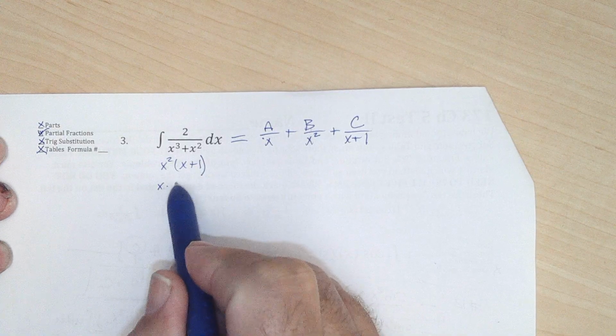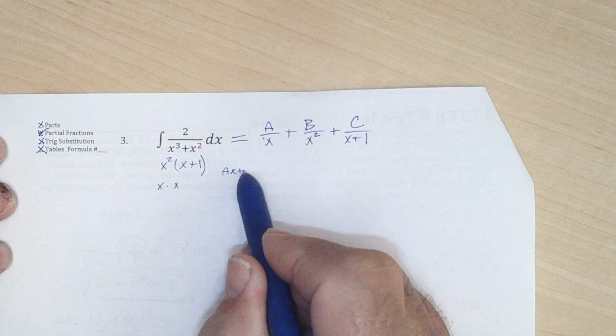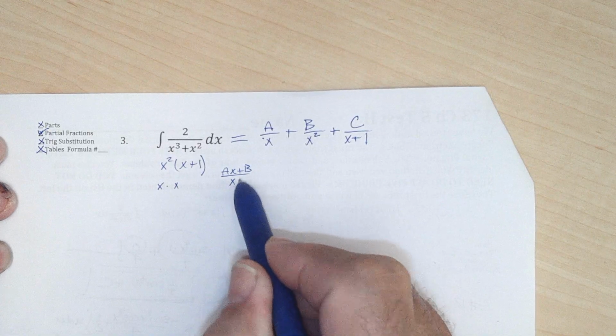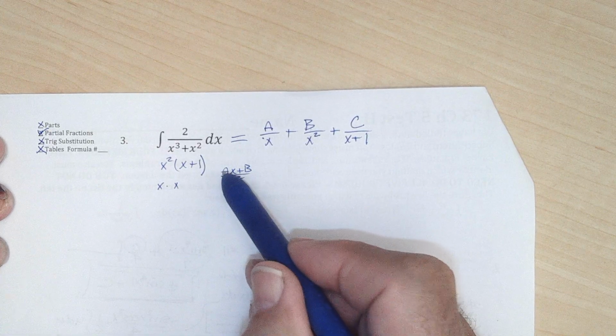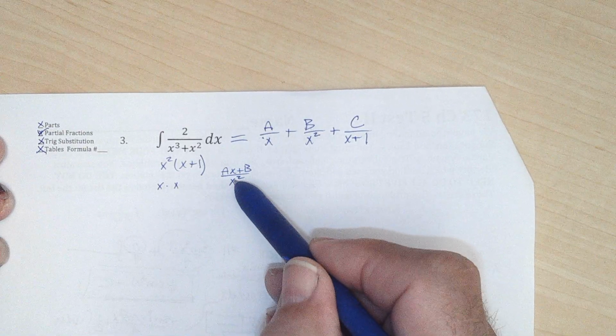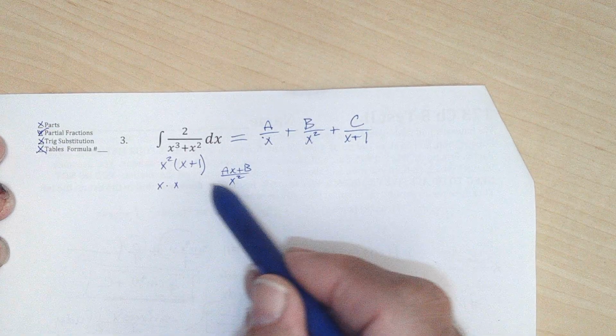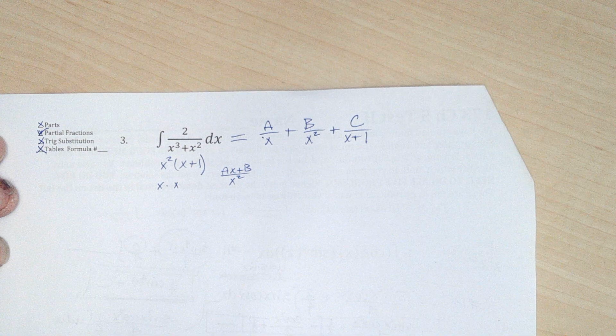Or you can think of this x squared as a quadratic factor and do ax plus b over x squared. But if you put ax over x squared, you get this. If you put b over x squared, you get that. So I don't care whether you wrote this or that, you're going to get the same a, b, and c as I'm going to get here.